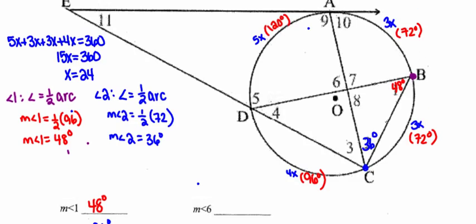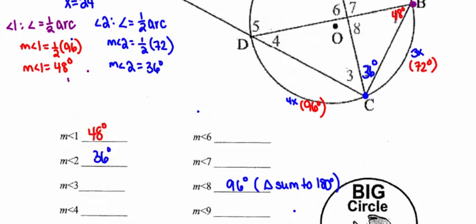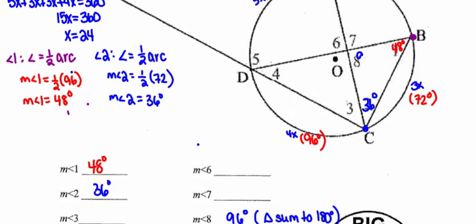Because now I can find angle 8 pretty easily by using the angles in the triangle. So angle 8 has to be 96, and the reason for that is triangles have to sum to 180. And if angle 8 is 96, then angle 6 also has to be 96 because it's vertical to angle 8.